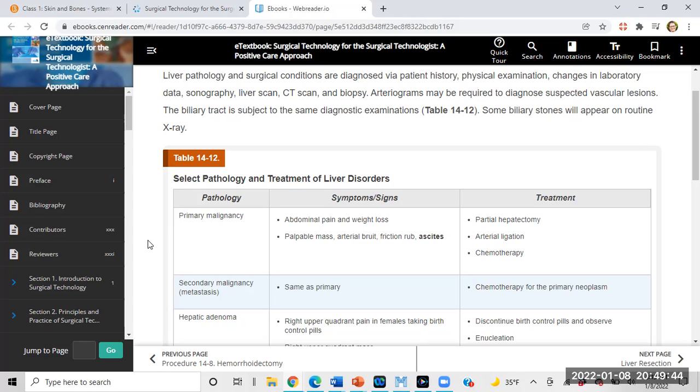That's the only difference between primary and secondary. Now, the symptoms are pretty much the same. So we're going to see abdominal pain, weight loss, a palpable mass, arterial bruit, friction rub, and ascites. And so ascites is definitely a big one. So we know that that is fluid in the abdominal cavity, and you can see it on physical exam.